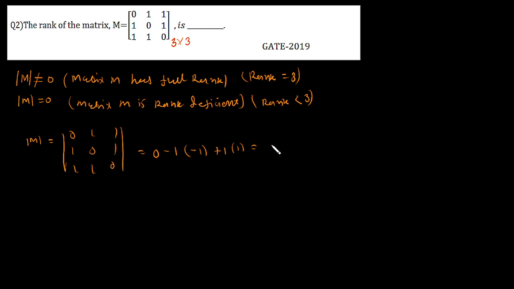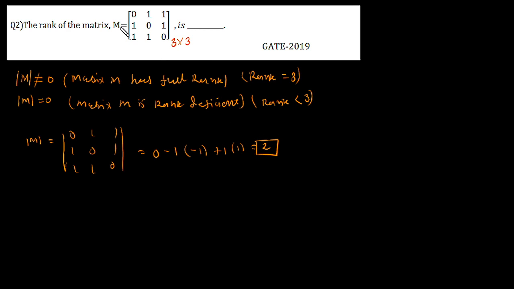So the determinant is 2 for this matrix M. So I can say the determinant of this matrix M is non-zero. It means all the rows and all the columns of this matrix M are linearly independent, which is what holds when we get a non-zero determinant.